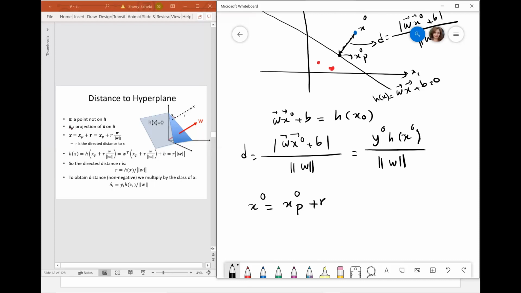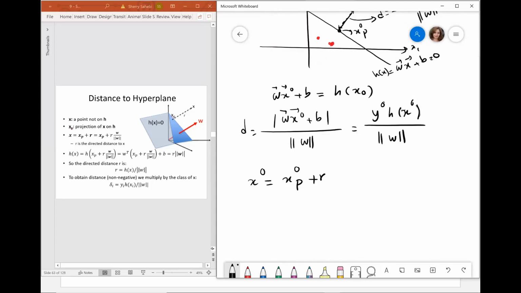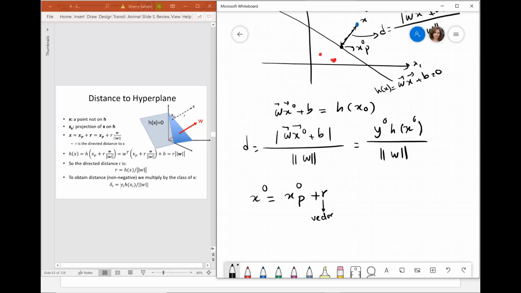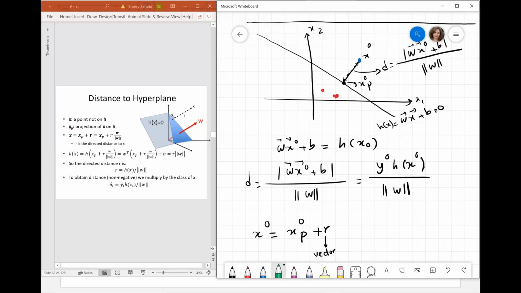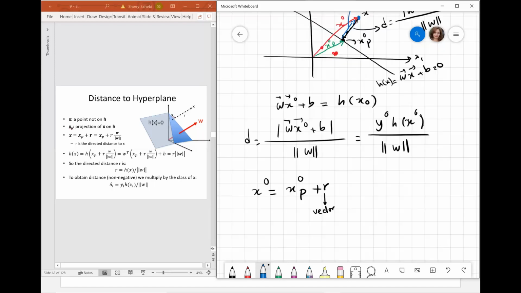Okay, so what is this remainder? This remainder is a vector itself, right? So what we have is this, which is the vector of x0p. This is the vector of x0 itself, and this is going to be our remainder vector, right?